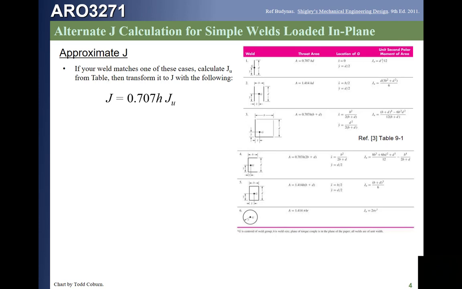If we get weld number 2, a snake bite weld, we can see the properties there: A, X bar, Y bar, and J sub U. If we have an L weld, you can see the same information. Now here, a word of caution is in order, because you'll notice that the X bar and Y bar are identified in the actual figure.